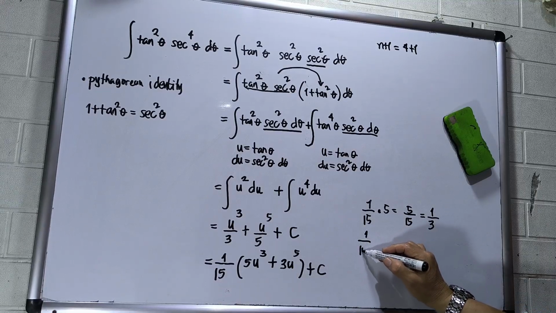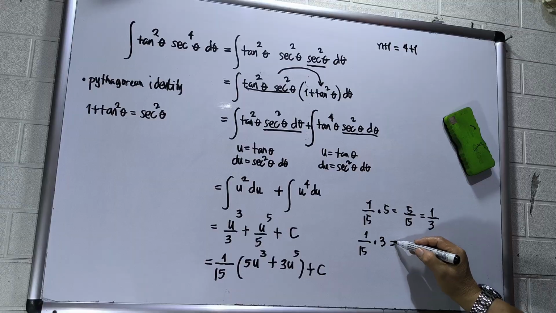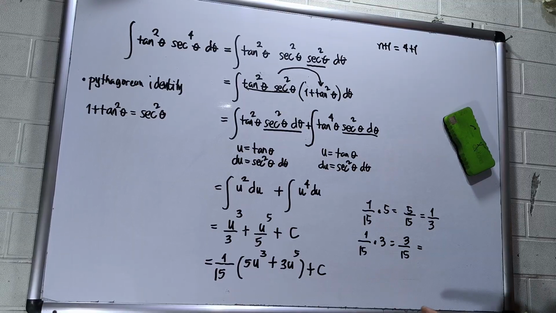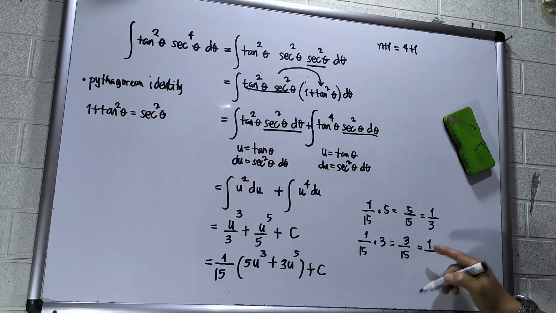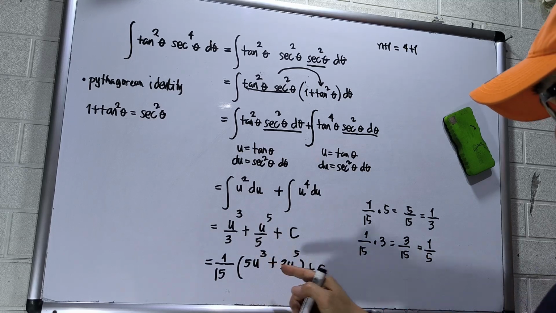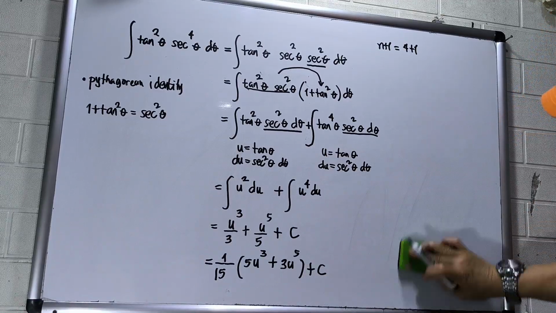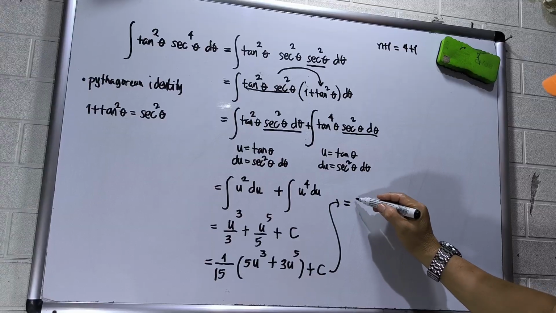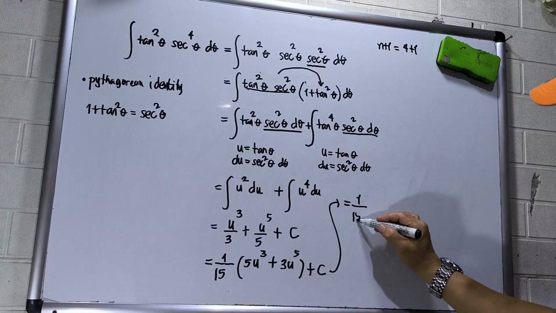The next is this one. 1 over 15 times 3. So 1 times 3, that will be 3 over 15. Reduce to lowest terms, divide by 3, that is 1, divide by 3, that is 5. Okay, correct. That is 1 over 5. Okay, to have my final answer, this will be equal to 1 over 15.